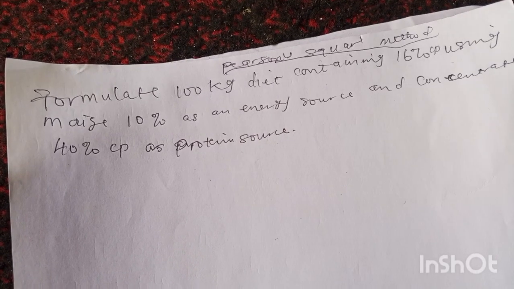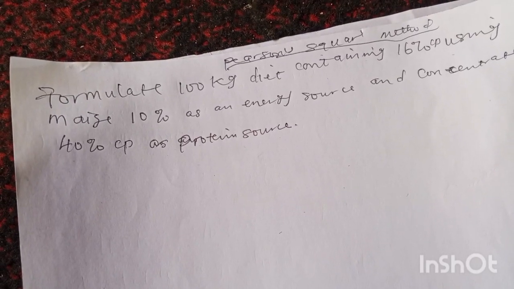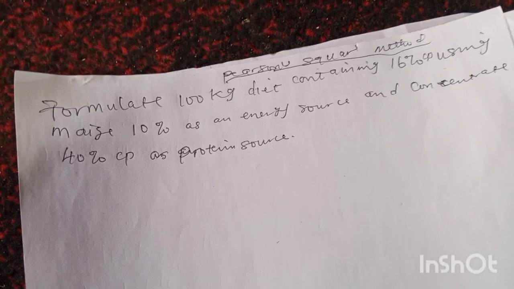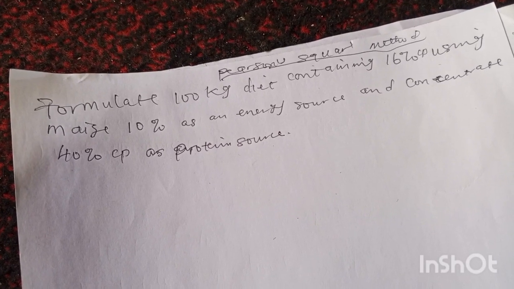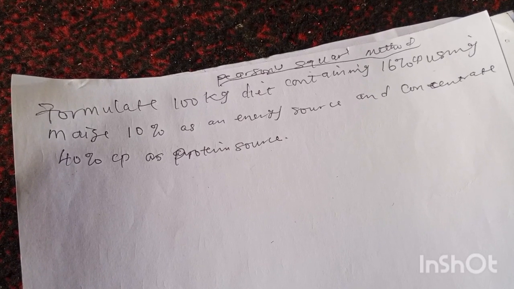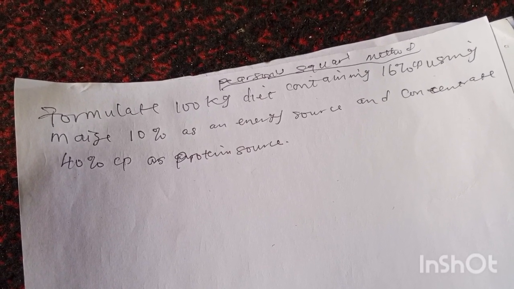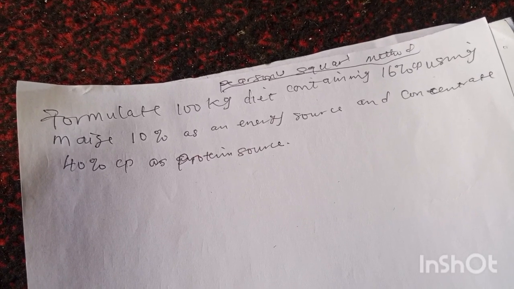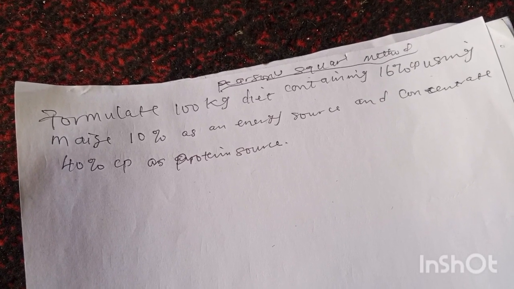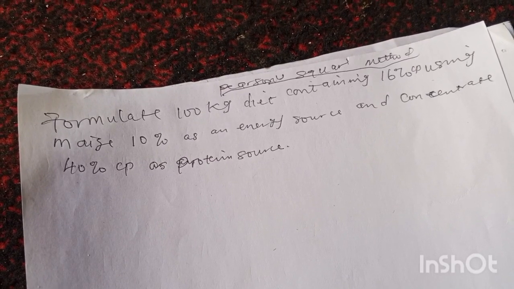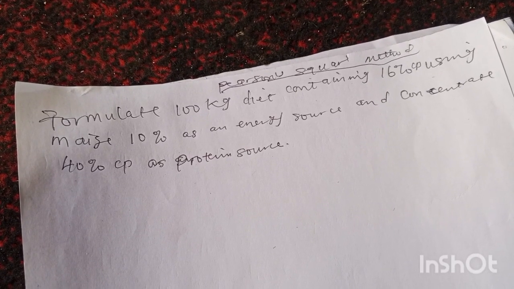But in the situation where different energy sources and different protein sources are given, for example, you are asked to formulate a 100 kg diet that contains 16% CP, and they give you groundnut cake to be 3 point something, they give you soybean meal, bone meal to be something.